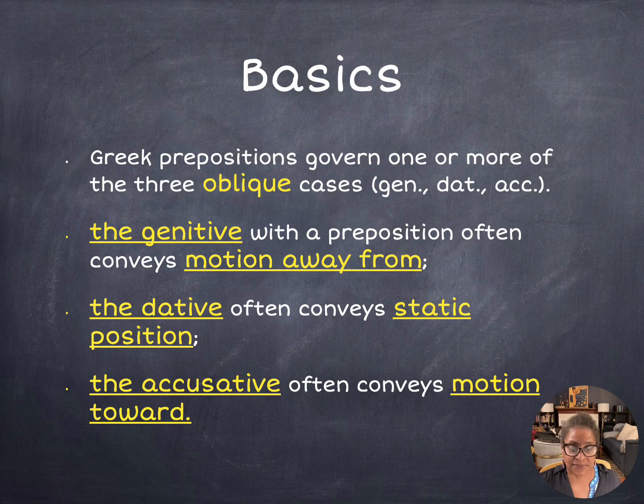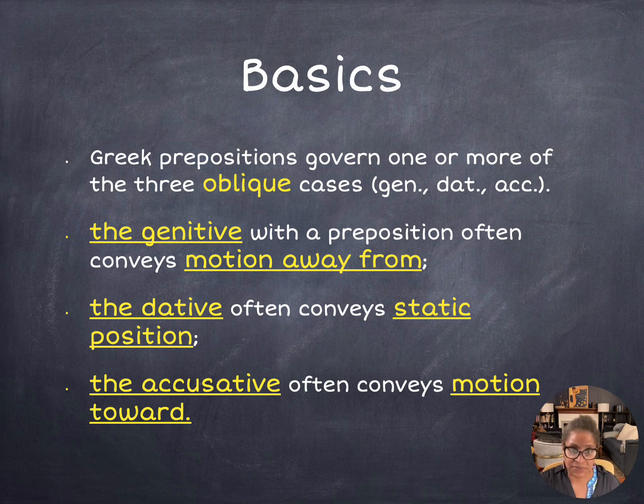So there are some basics. Greek prepositions govern one or more of the three oblique cases: genitive, dative, or accusative. In general, the best way to think about how the prepositions work, especially in the cases where the preposition takes more than one case, is to focus on the meaning of the case itself.